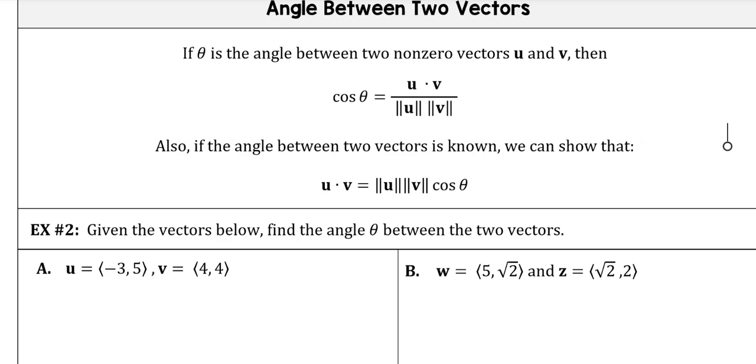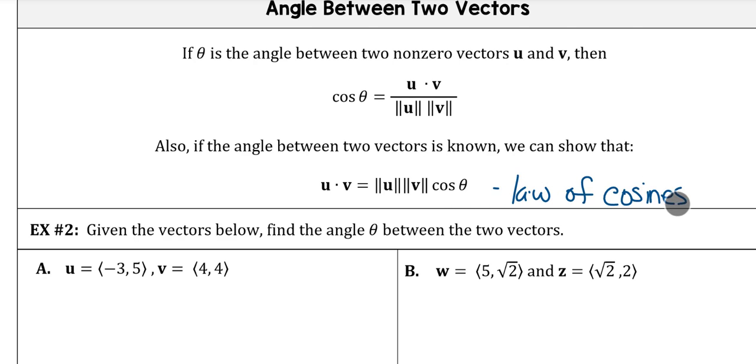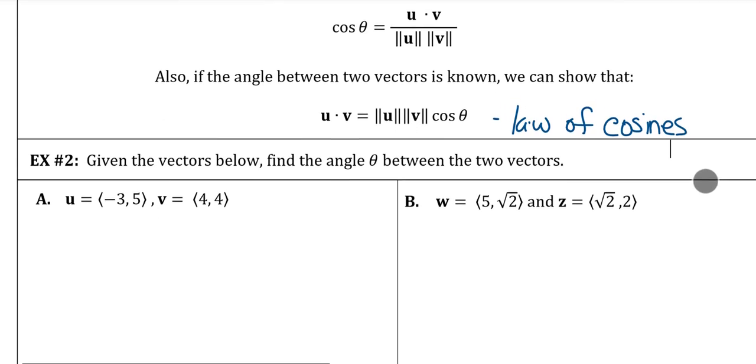Also, if the angle between the two vectors is known, you can show that u dot v is equal to the magnitude of u times the magnitude of v times the cosine of theta. This is another way to write the law of cosines, and that's where it comes from. So that's where we're getting the angle between two vectors.